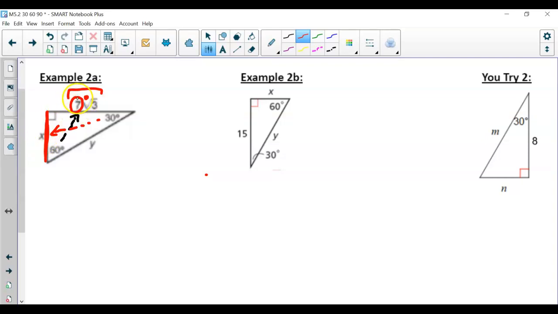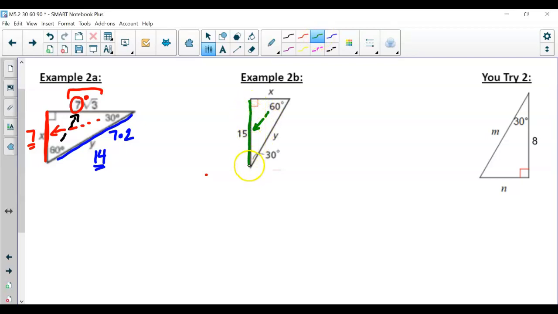Just 7. So x is equal to 7, which means the hypotenuse we always multiply by 2. So 7 times 2 is 14. Our short leg is 7, our hypotenuse is 14. Now here again, notice the 15 is opposite of our 60.